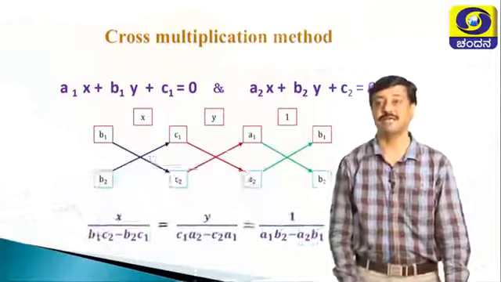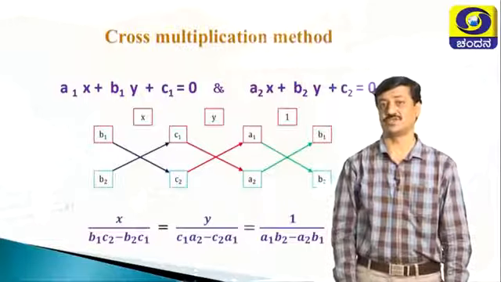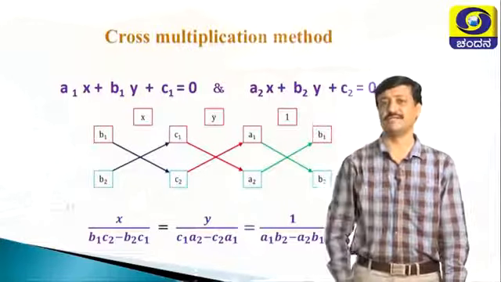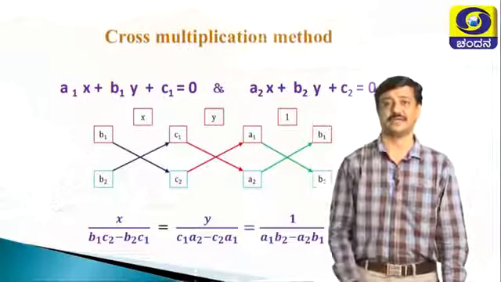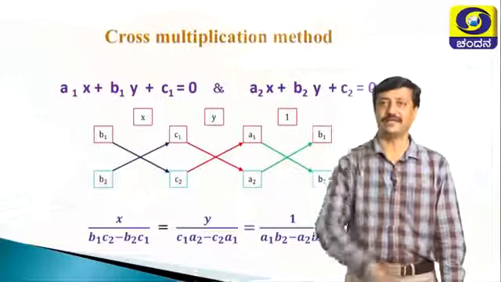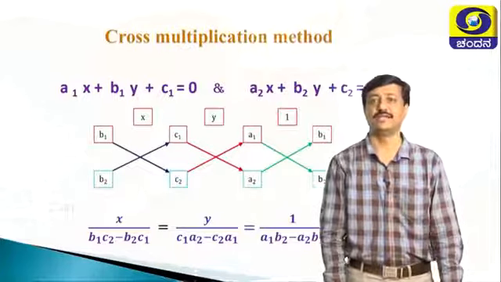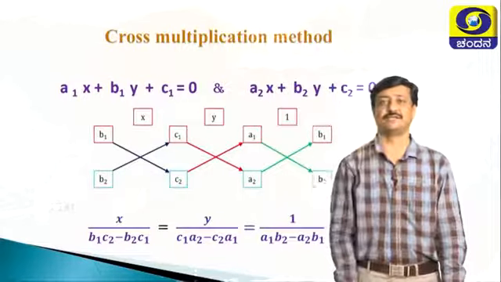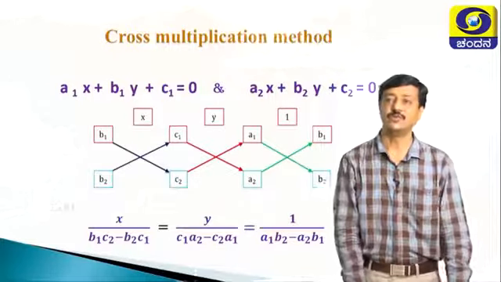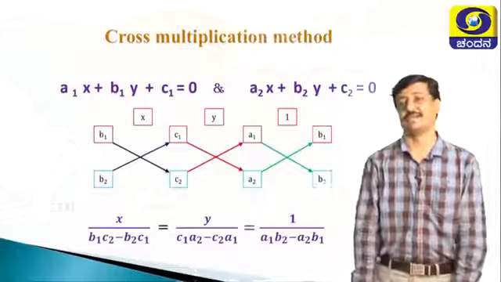After taking, we get the three ratios. X divided by B1 C2 minus B2 C1 is equal to y divided by C1 A2 minus C2 A1. Finally, 1 divided by A1 B2 minus A2 B1.